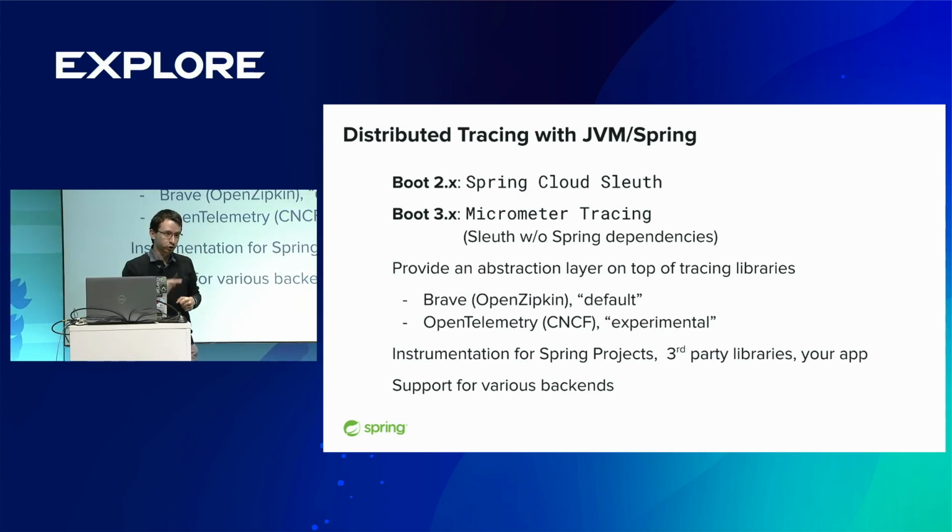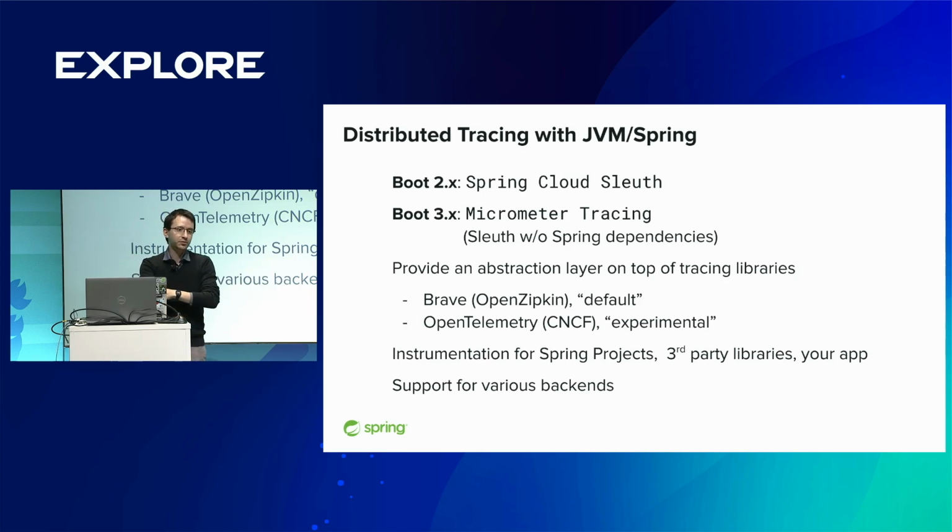But if you are using Boot 3, or you are not even using Spring, we recommend Micrometer Tracing. Micrometer Tracing is a library that was born from the code base of Sleuth. We just copied part of Sleuth, basically the API and some of the implementation, not the instrumentation, over under the Micrometer umbrella. And that's how Micrometer Tracing was born.